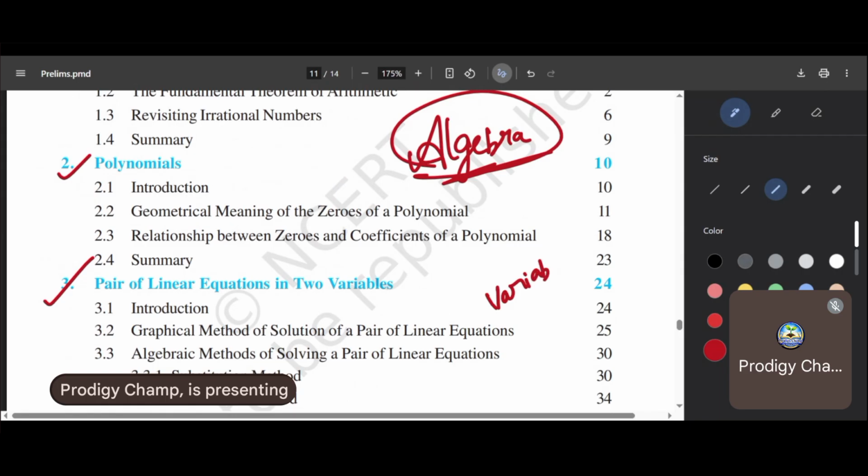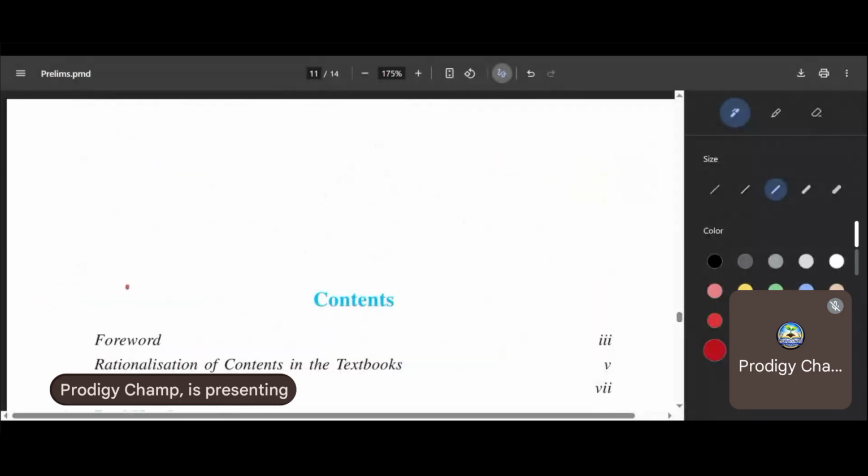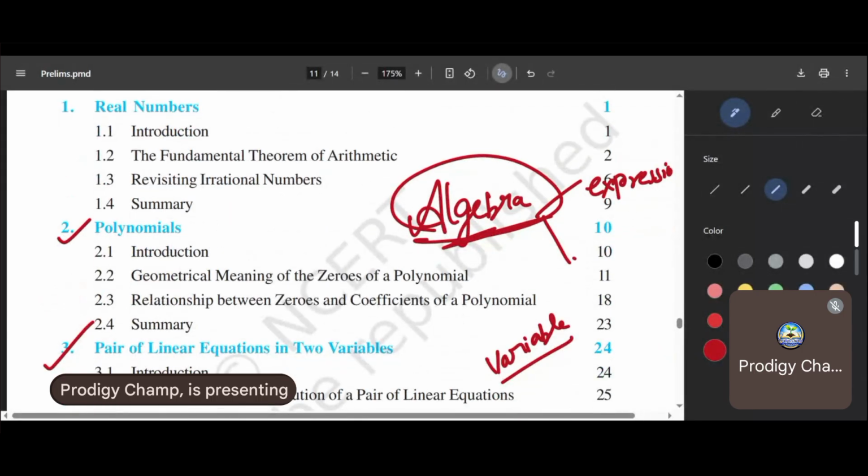Got it? So in algebra we have two things. One is algebraic expression, and another one is equation. So what is the basic difference between expression and equation? Of course, an algebraic expression is a polynomial, right? We have some variables, for example x square plus ax plus b, or else we can put some numbers: 3x square plus 2x plus 10.